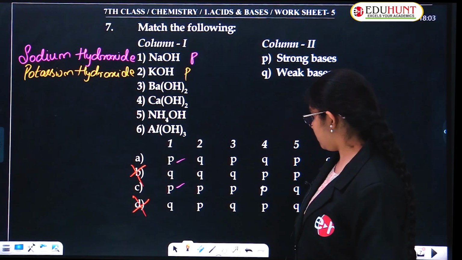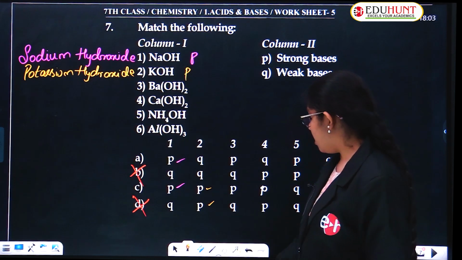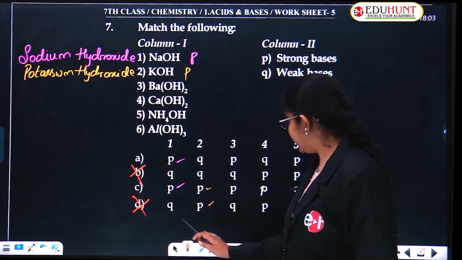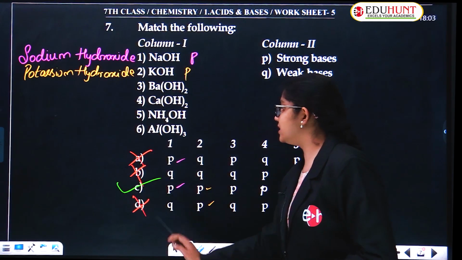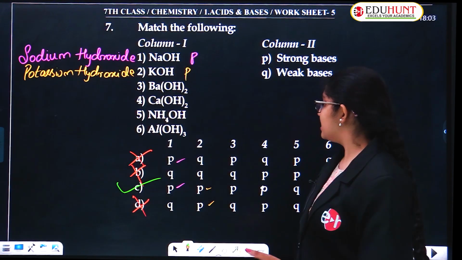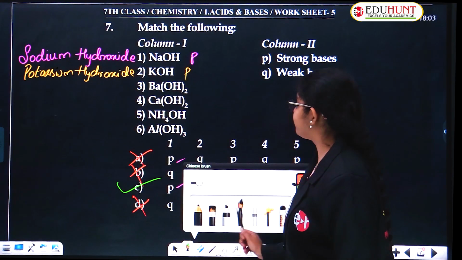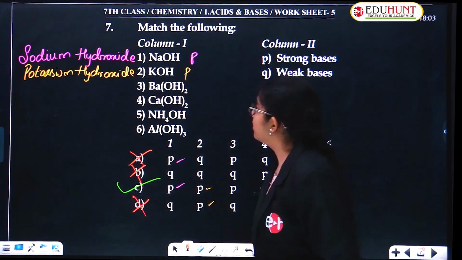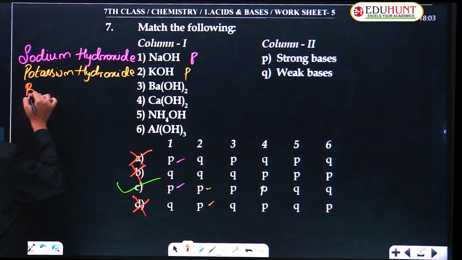Okay, P and P. Okay, A is also eliminated. Now the correct option is nothing but C. We got it. But we have to check, no? One second, we'll check all that. Okay. Now, next, the given third option is barium hydroxide.